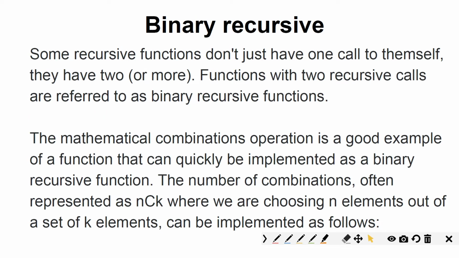And there is, of course, the more interesting, nonlinear recursive calls, when you have some binary recursion. Some recursive functions have just one call to themselves. Functions with two or more recursive calls are referred to as binary recursive.